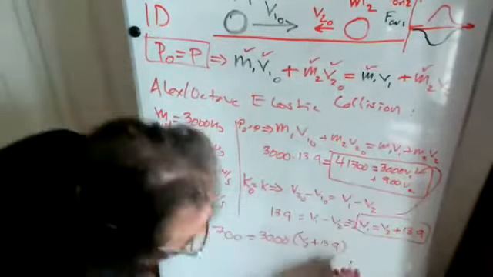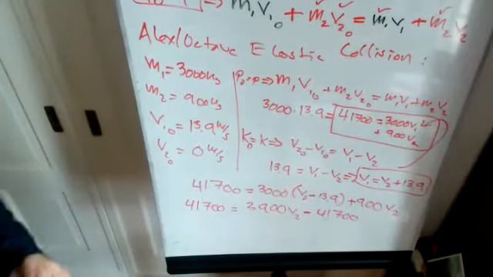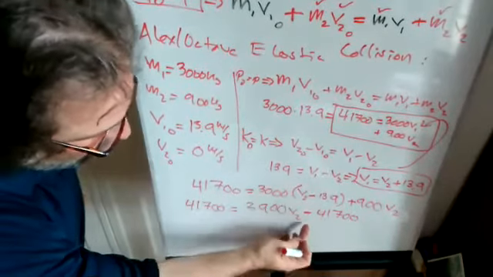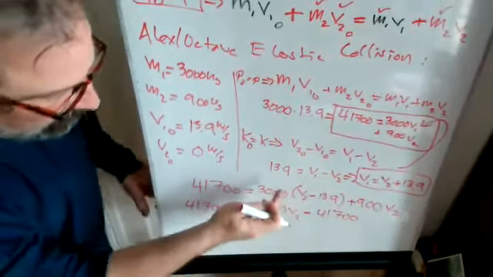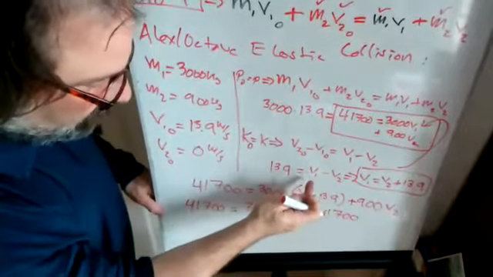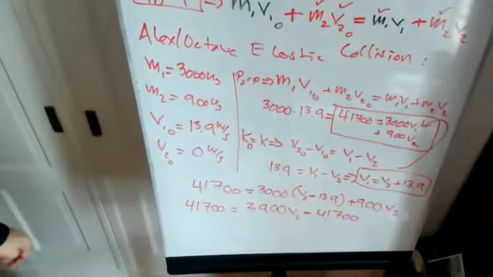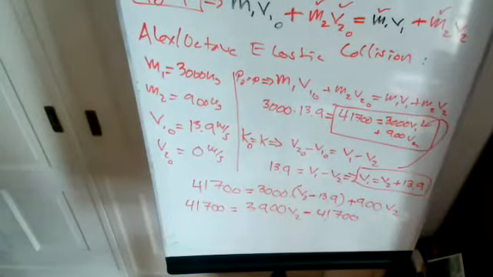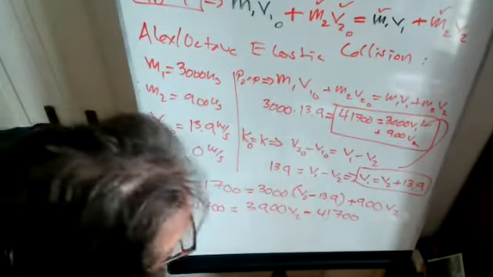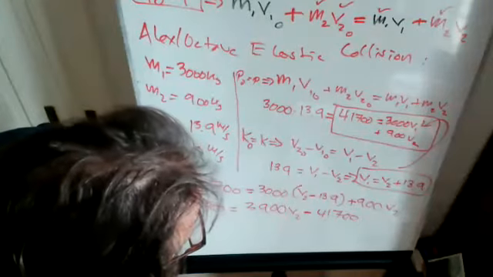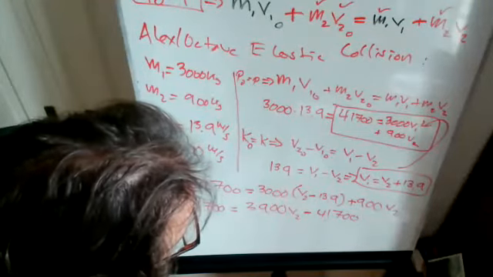41,700. Now we're good. So that should be negative there. I made the mistake, and that comes back to V1 equals V2. V20 minus V10 equals V1 minus V2.